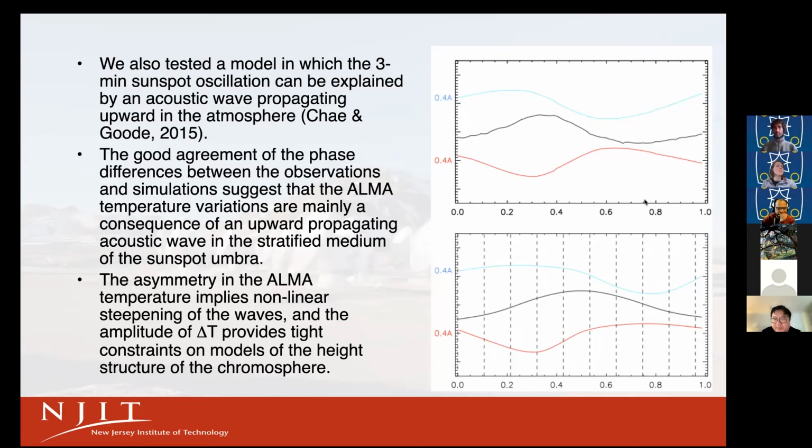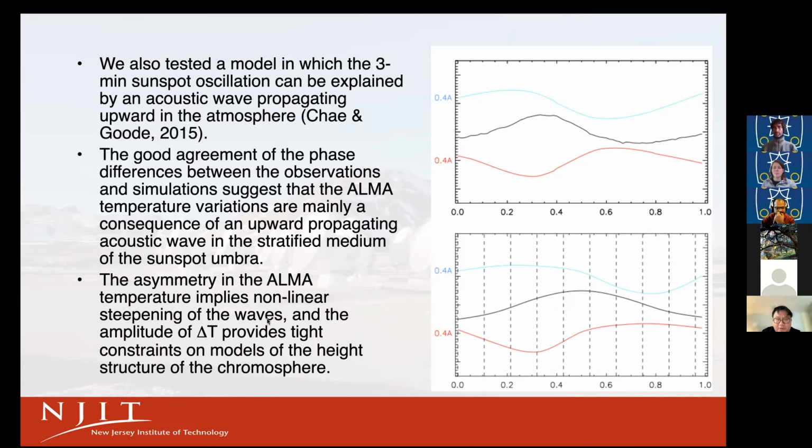It appears that the observation quite matches the perturbed model in the output of the H alpha subband as well as the ALMA temperature. That's the black solid line.